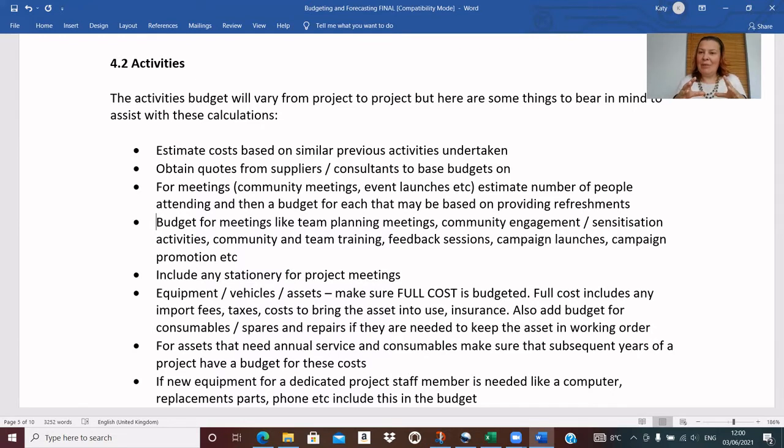They are all part of the full cost of getting that asset ready for your project. And if you have new staff, they might need their new computer, they might need a new phone or a replacement part or service for their computer. Again, they're critical costs and they can be included within the activities.